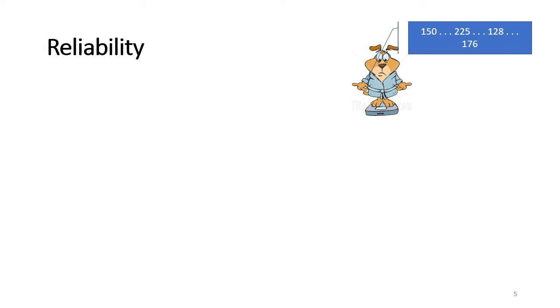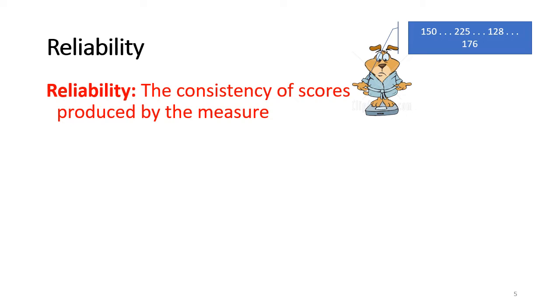Now in this case, we do not have a reliable measure. We know that a person's weight could not in fact fluctuate this much across just a few days. And so the measure isn't reliable, and it's likely not valid either. So the reliability of a measure is the consistency of scores produced by the measure.